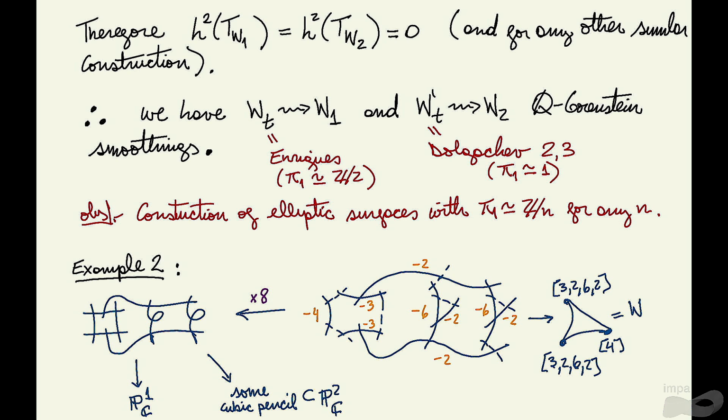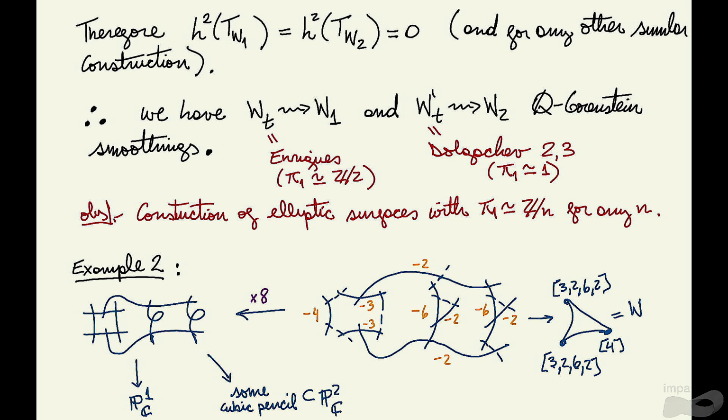There you have 3, 2, 6, 2, which is Wahl, and also 3, 2, 6, 2 on the other side. This is symmetric, you see? I did 2 blow-ups here, 1 blow-up here, 1 here, 1 here, and 1 here.